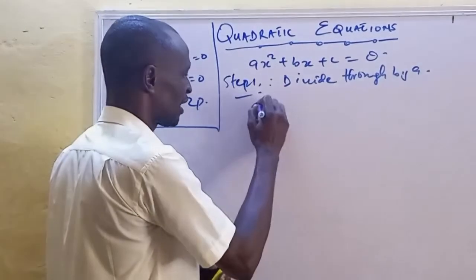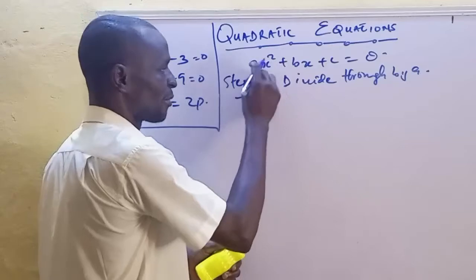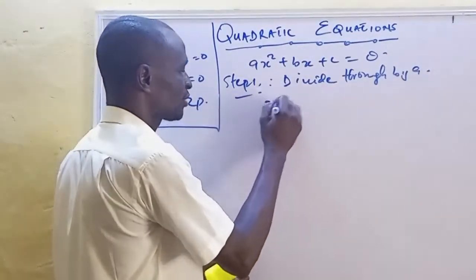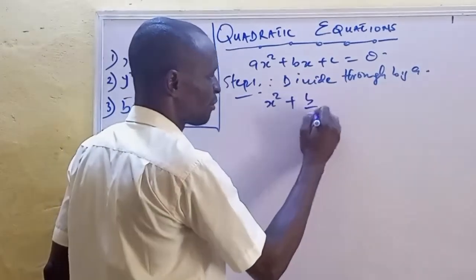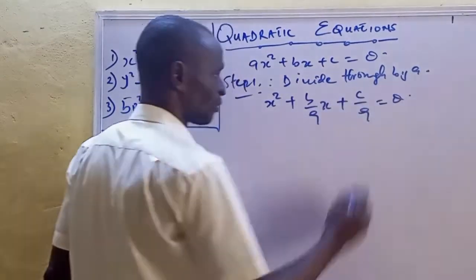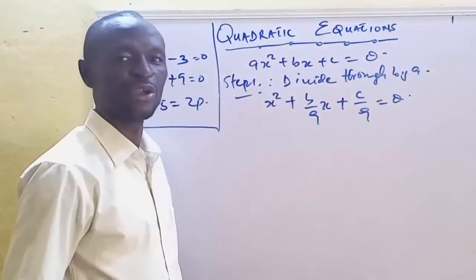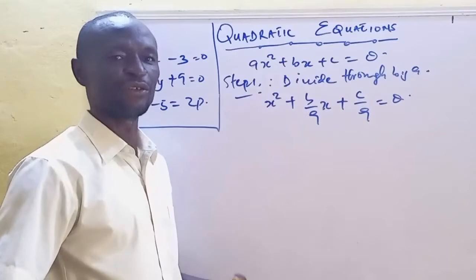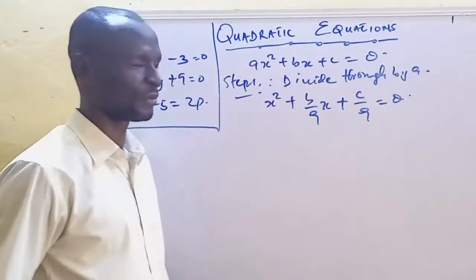It becomes x squared, because if I divide ax squared by a, I'm removing a. It becomes x squared plus, I'll divide my b by a, b over a x, plus c over a equals 0. I also divided 0 by a, but if you divide 0 by a, it's still 0.